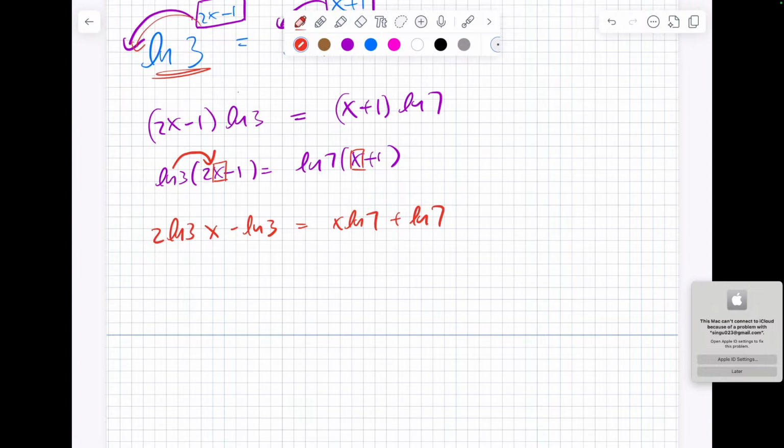Why is the x in front with the natural log of 7, but it's in the back with the 2 natural log of 3? Actually, that's a good question. So I am going to change this to the front. But it's not because of that. It's really easy to confuse with natural log of 7x. It's really hard to see that there are two parts here.